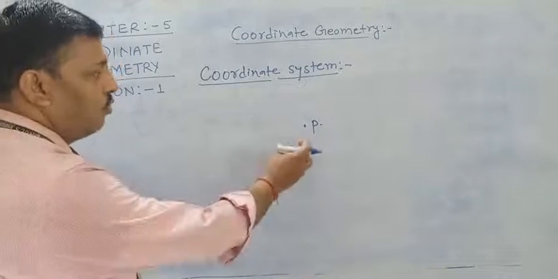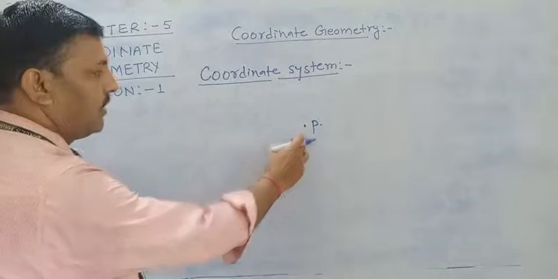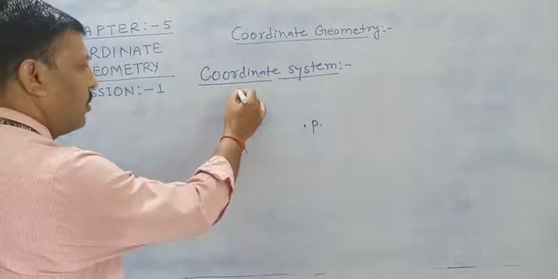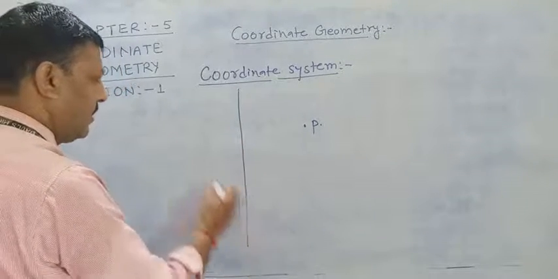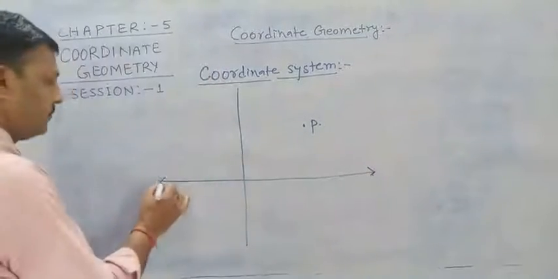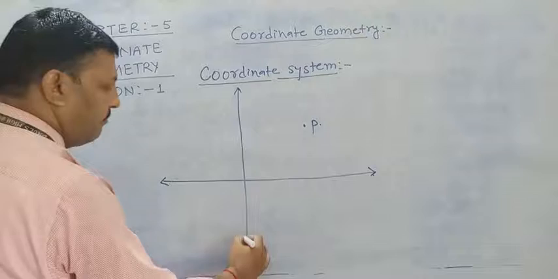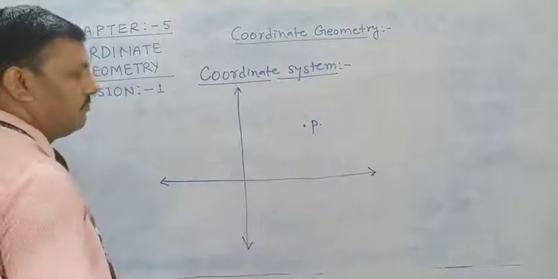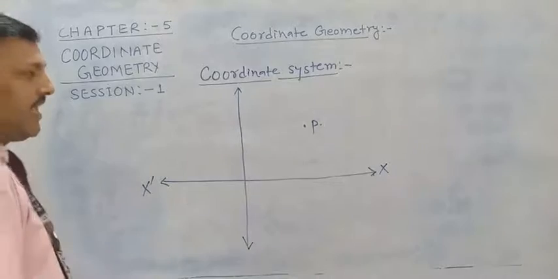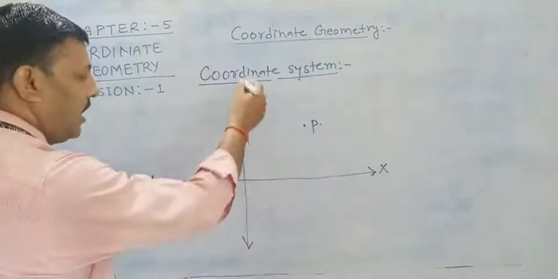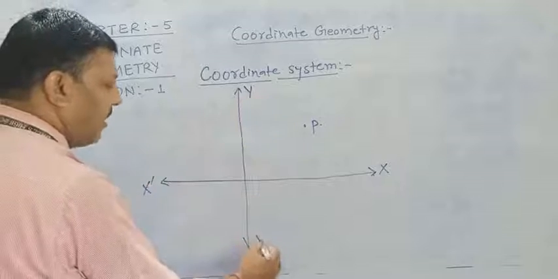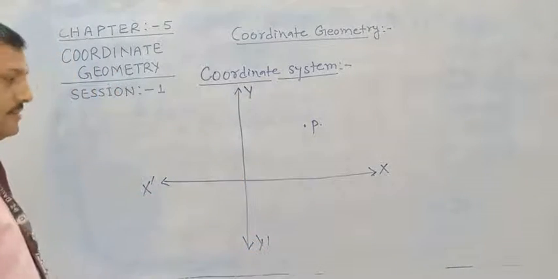So in order to locate the exact position of the point in the plane, first of all this plane is divided into four parts by drawing two mutually perpendicular lines. One of them is horizontal, known as the x-axis, represented by x dash, and the other is vertical, represented by y dash, known as the y-axis.